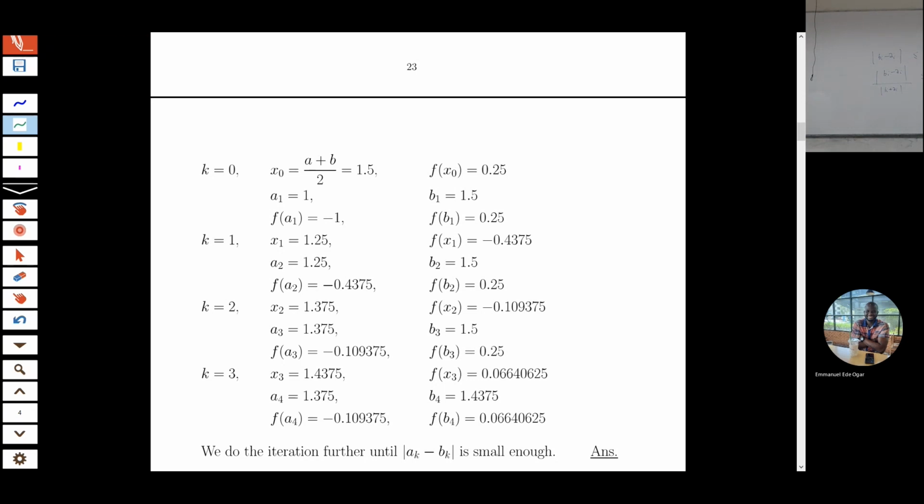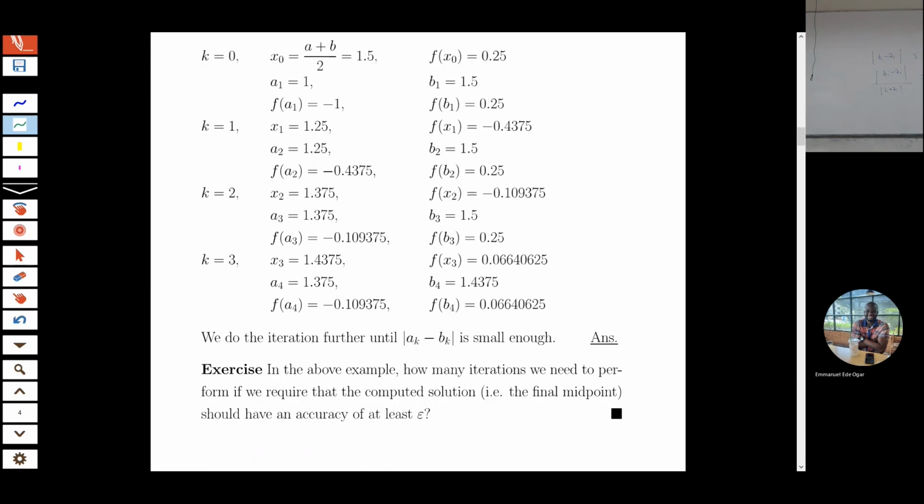When it's minus, we replace a2 with x1, and therefore a0 and b2 remain the same as b1. Then we keep doing this, and you see that the midpoint is converging to the square root of 2.